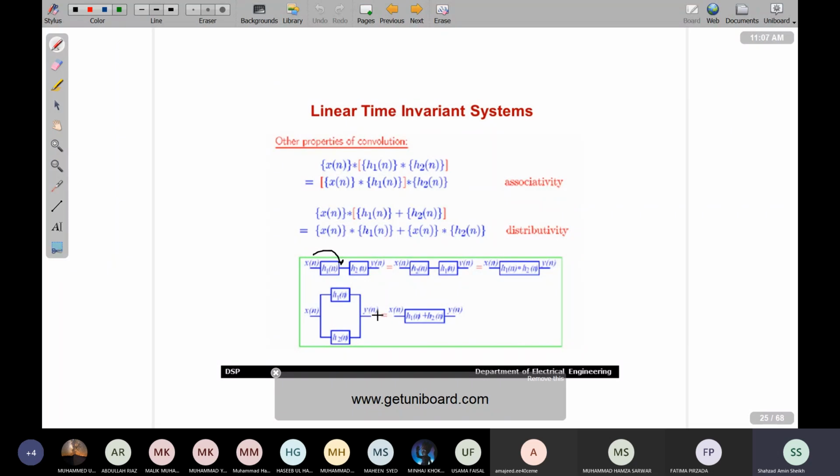Either you do it this way or collapse the systems h1 of n and h2 of n, and this time the collapsing will be done through adding the impulse responses of the systems, sample by sample, h1 of n plus h2 of n. Okay? And then you will be getting the resultant signal by collapsing these two systems, and then x of n will be convolved with this collapsed system, and you will be getting y of n. In both cases, your output will be the same. Agreed?